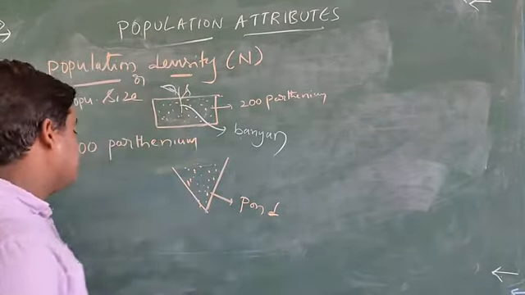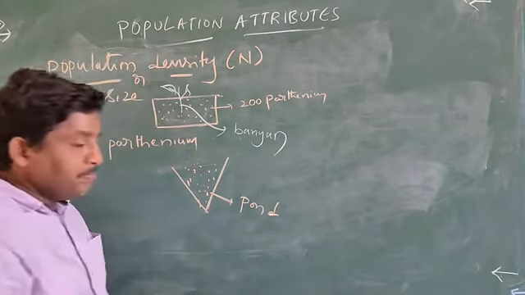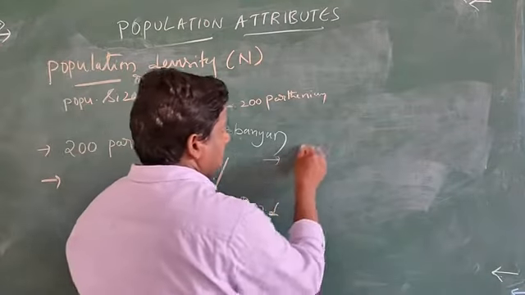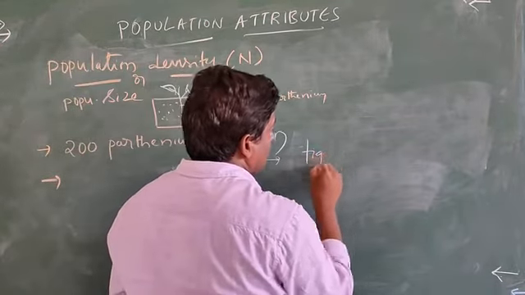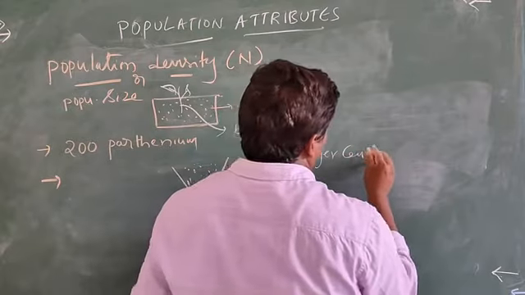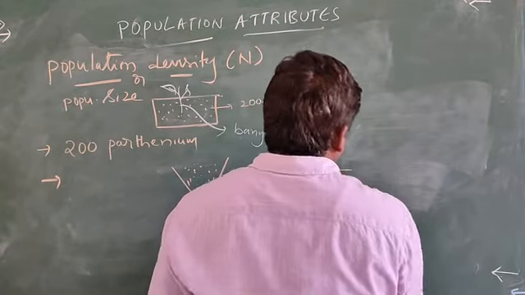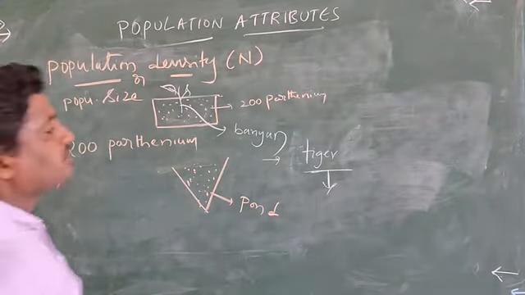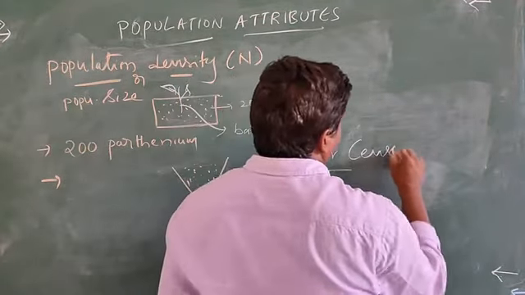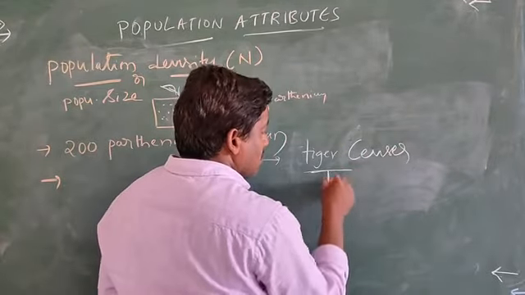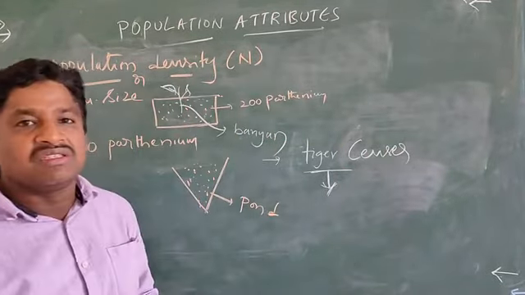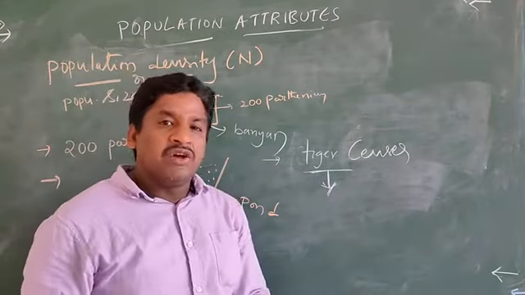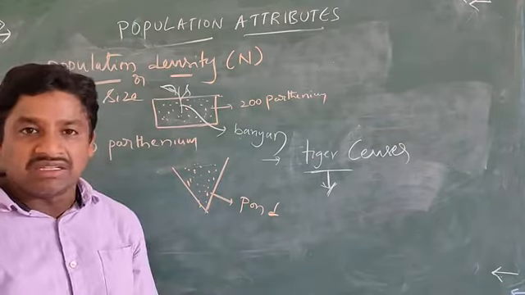Okay, next, in some regions, particularly the tiger census, how do you find it? Particularly in the tiger reserves and forest regions, how do we find the population density?